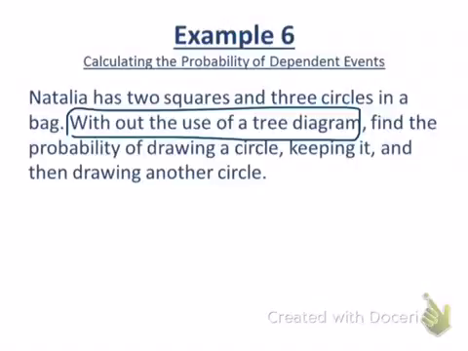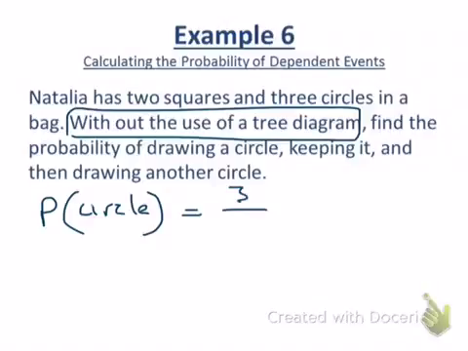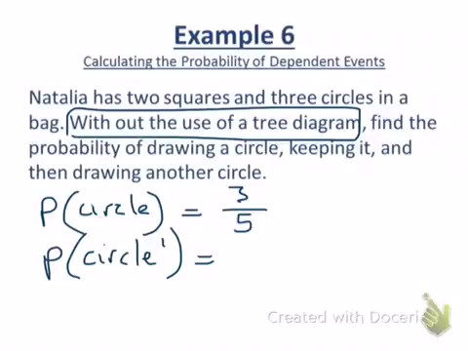So, in the first drawing, what's the probability of drawing a circle? There are 3 circles and 2 squares, so 3 out of a total of 5 objects. What's the probability of keeping that and drawing another circle? So we'll call this the probability of drawing a circle, with a little prime there because that's changed, right?